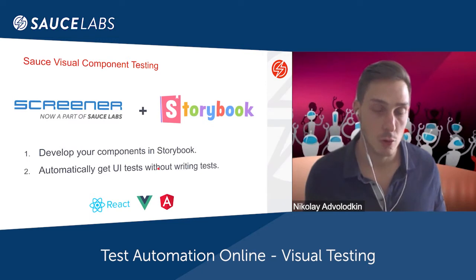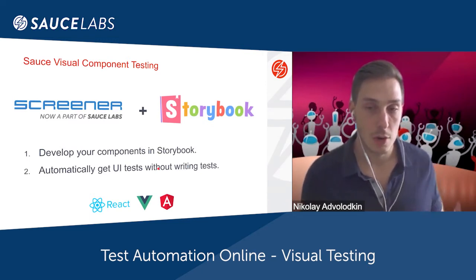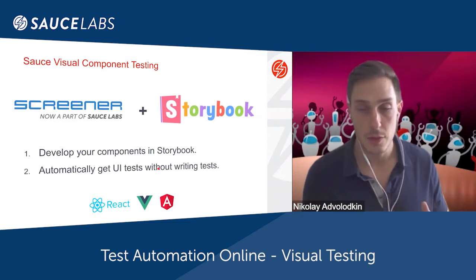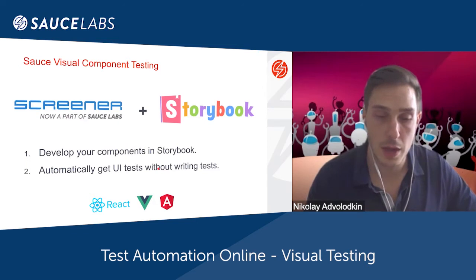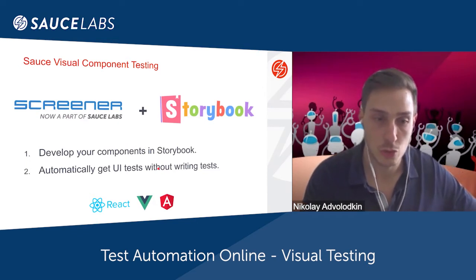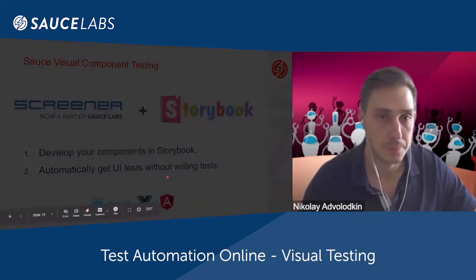So if you already have Storybook tests ready, Screener Visual Component Testing can automatically take all of those stories and run them through our visual AI algorithm, and then help you to find potential issues in your application. And of course, if you're familiar with Storybook, you know that it works really well with front-end frameworks such as React, Vue, and Angular.